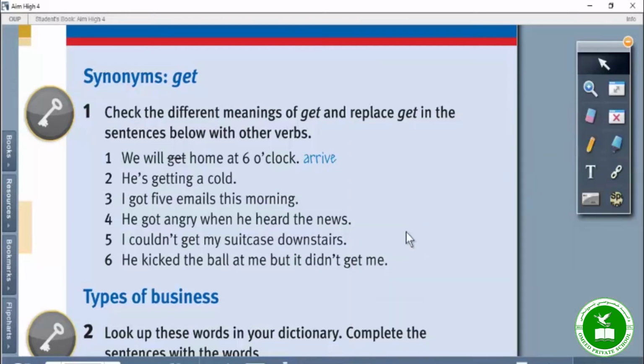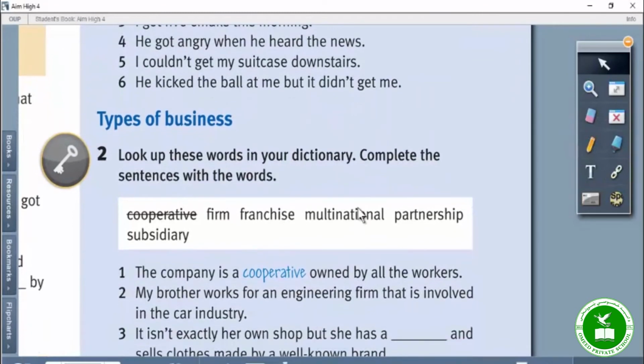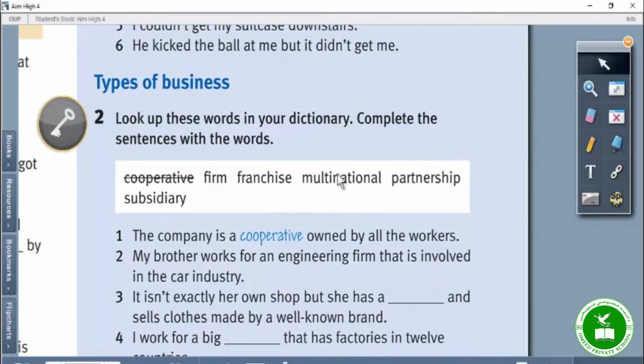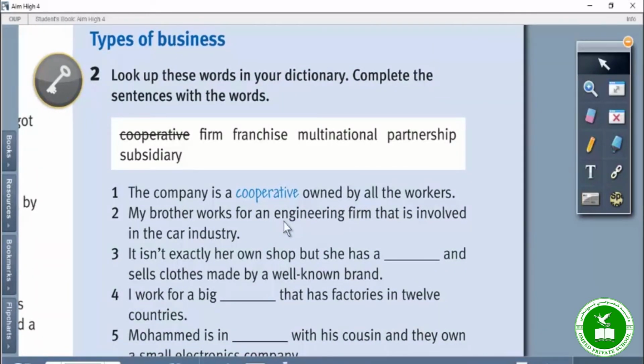Thank you. Let's continue. Types of business. In here we have some words which are used for business. Look up these words in your dictionary, complete the sentence with the words. Let's do some of them as example. The company is a cooperative owned by all the workers. Okay. Number 2, my brother works for an engineering firm that is involved in the car industry. In here we use firm, in here we use cooperative. Let's do number 3 as example. It isn't exactly her own job, but she has a what?